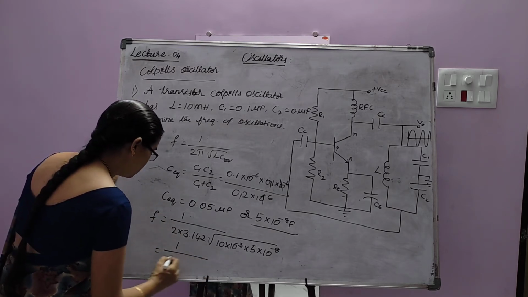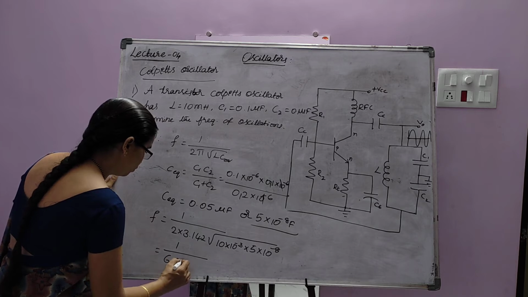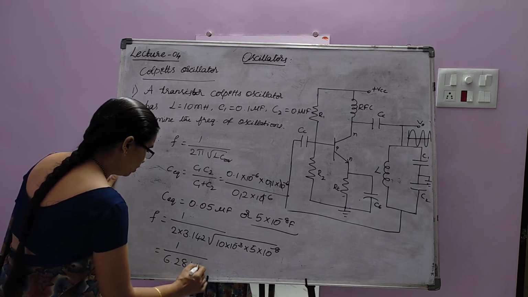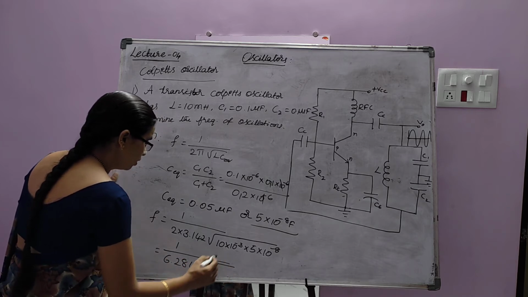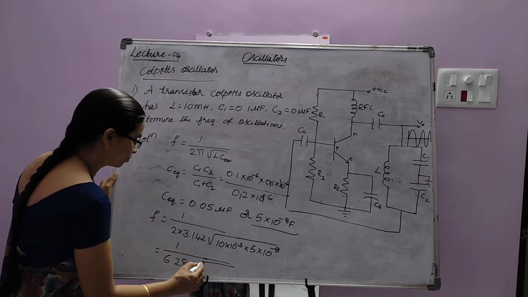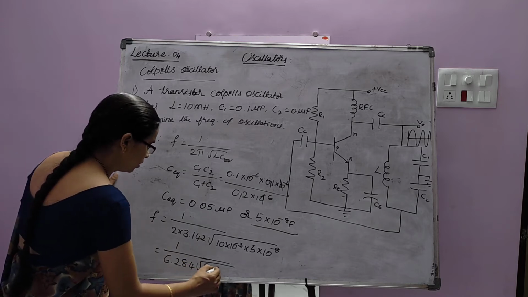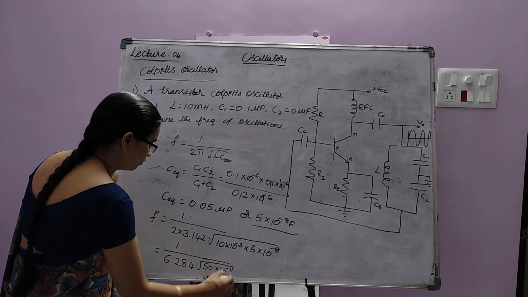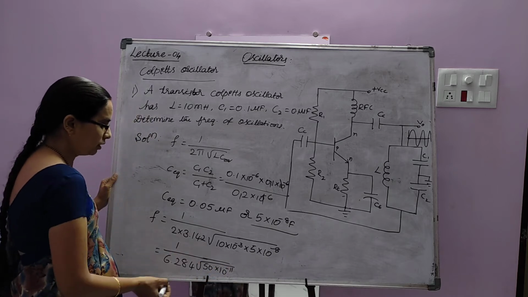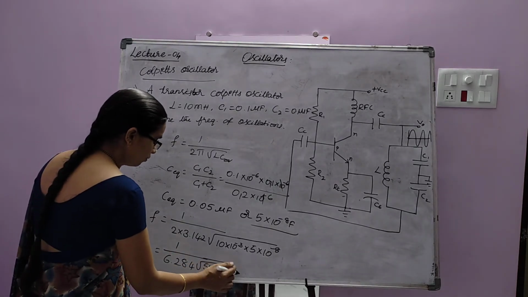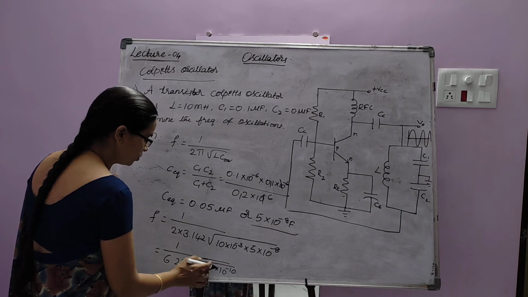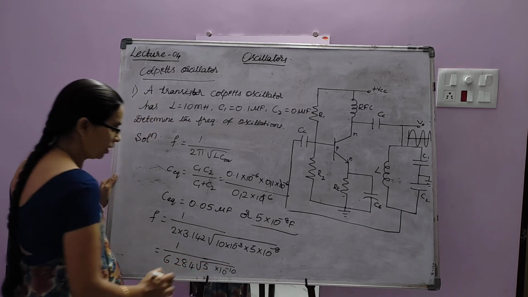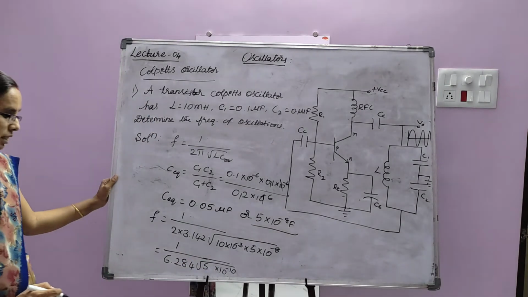It will be 1 by 6.284 root of 50 into 10 to the power of minus 11. I will make it 10; if I make it 10, it will be shifted. So 5 into 10 to the power of minus 10 it will be.